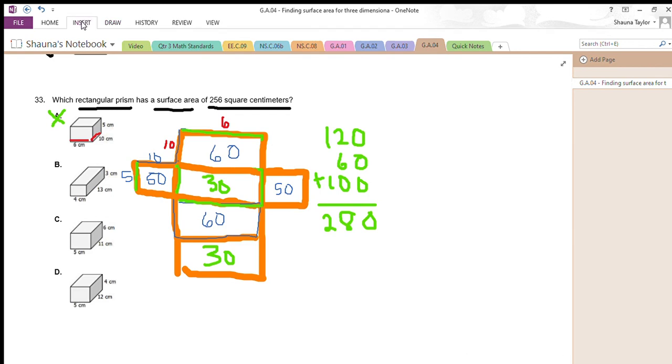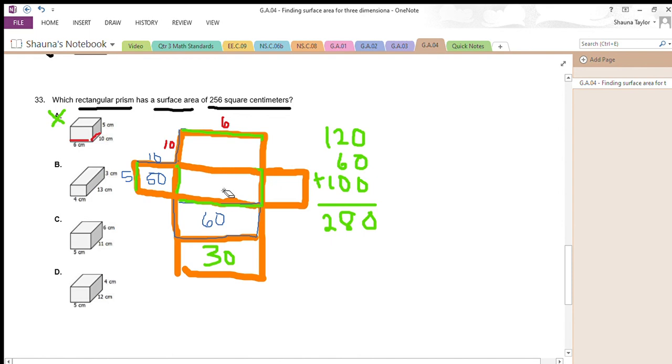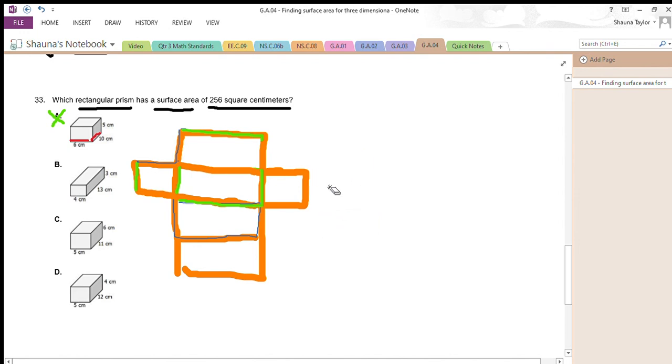So now I'm going to come back over here. And I'm going to erase these numbers in here. And start on the next one. Okay, so let's go to the next one.